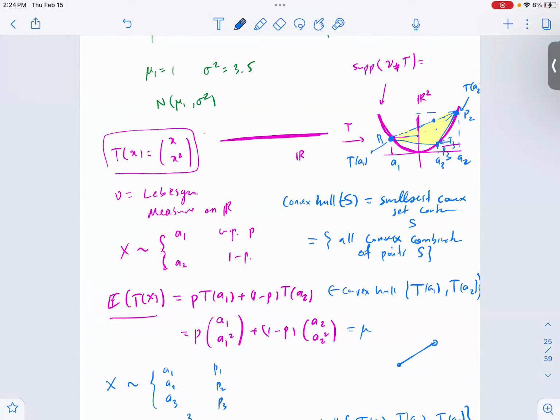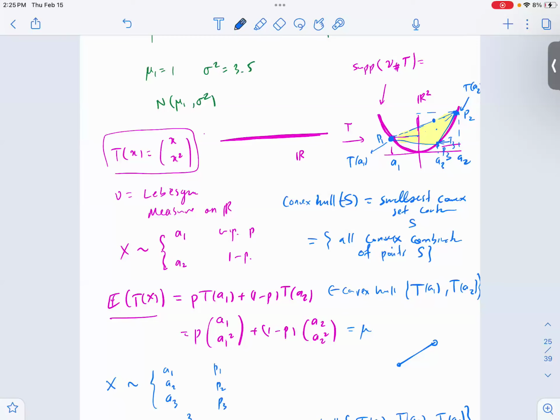Okay, so the push forward of the Lebesgue measure by this map is a distribution, sort of uniform. This support is really the support we care about. If you take the convex hull of the support, you get the geometric shape, which is the set of realizable means. The whole point of that theorem that I want to talk about is that everything in that convex hull is achievable by the exponential family that has this condition.